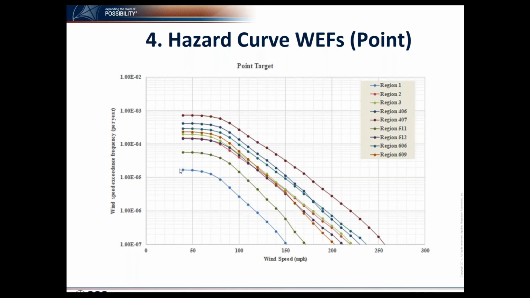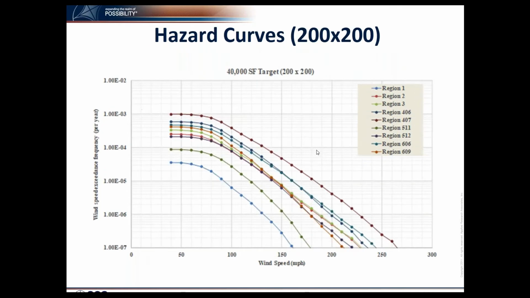This is the region that is west of the Rocky Mountains, which has shorter path length tornadoes as well as lower intensity tornadoes. This has longer path length and width tornadoes as well as some higher intensity tornadoes in the tornado database.